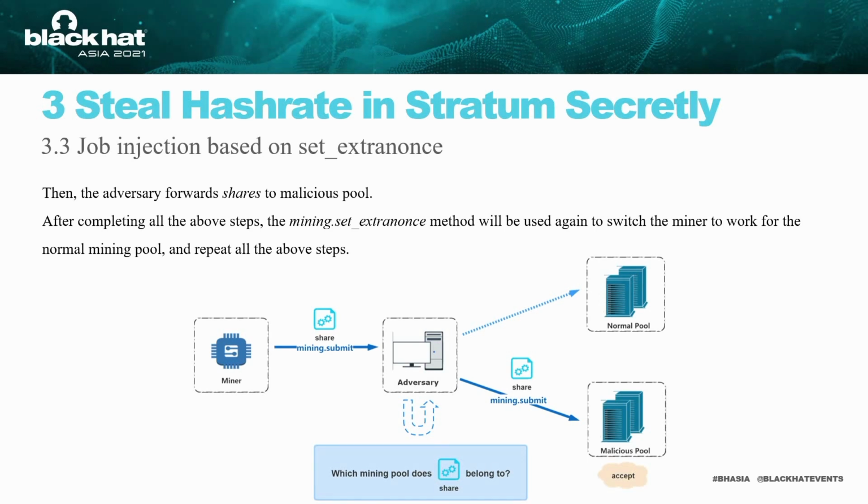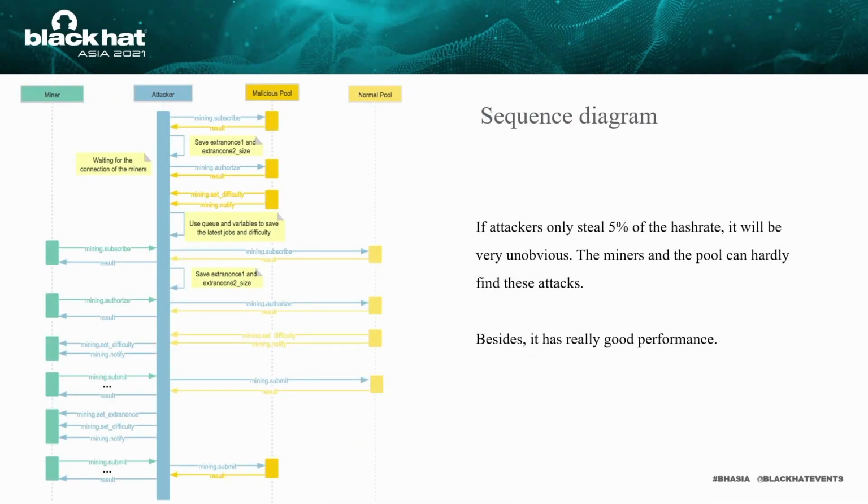After completing all the above steps, the set extranonce method will be used again to switch the miner to work for the normal mining pool and repeat all the above steps. Here is the sequence diagram. If the attackers only steal 5% of the hash rate, it will be very unobvious.